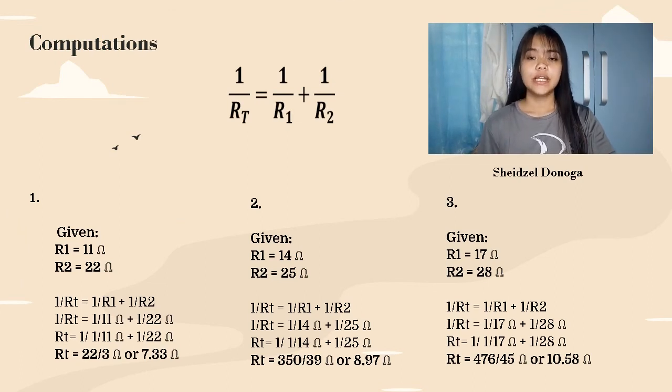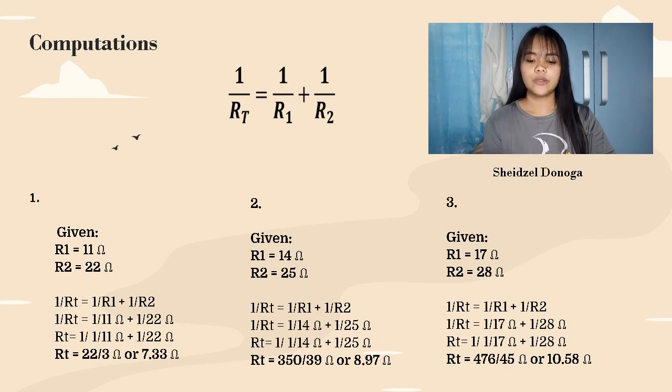For computations, to compute the total resistance in parallel connected resistors, the following formula will be used: 1 over the total resistance is equal to 1 over resistance 1 plus 1 over resistance 2. In trial 1, the value of R sub 1 is 11 ohms, and the value of R sub 2 is 22 ohms. We use the formula 1 over the total resistance is equal to 1 over 11 plus 1 over 22.